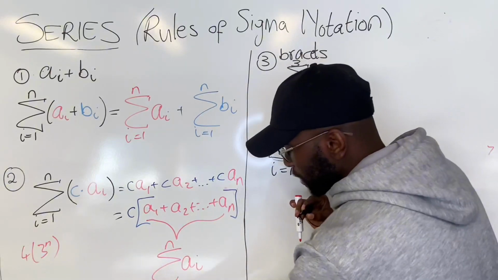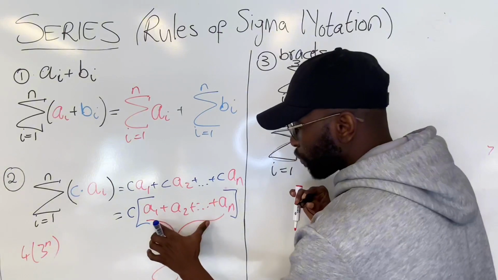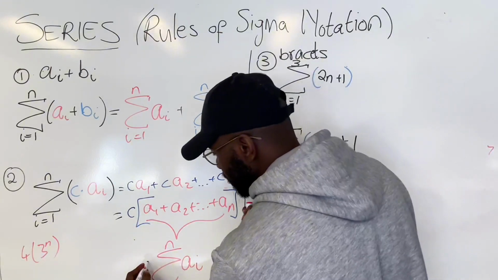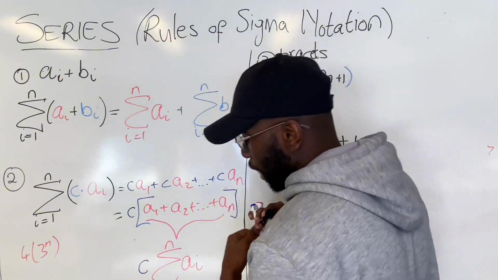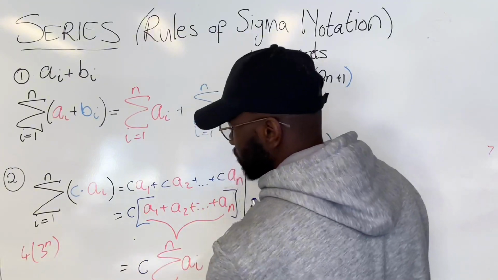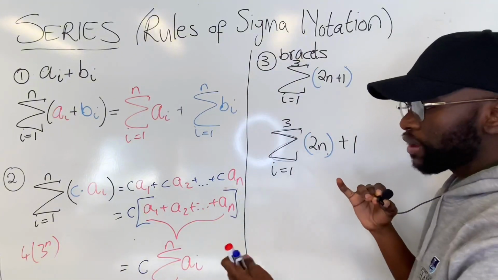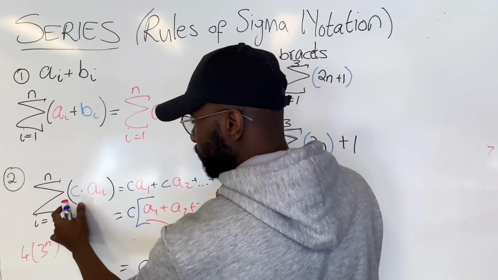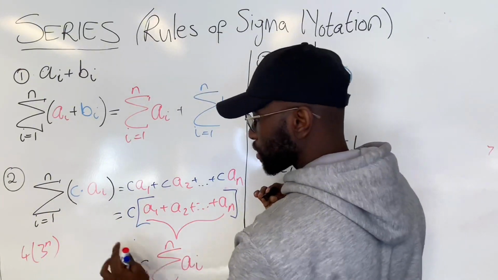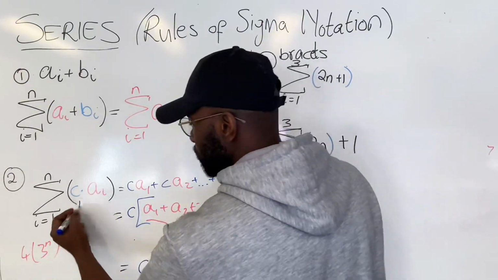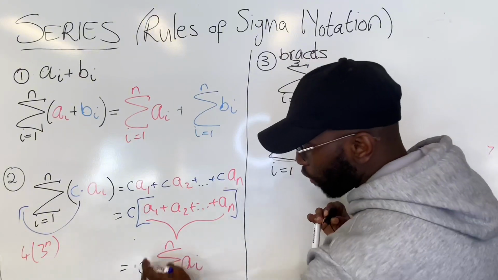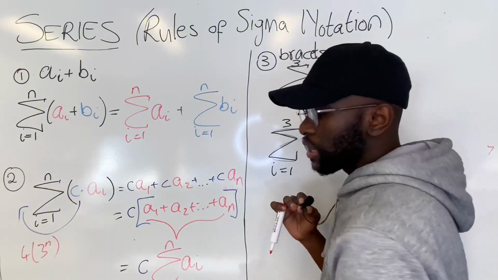This is represented by sigma notation, we find the sum of all the terms of ai, and then we multiply that sum by some coefficient C. So if you have the sum of a general formula with a coefficient, you can just take out that coefficient to the outside and just find the sum of the terms to make it easier for you.